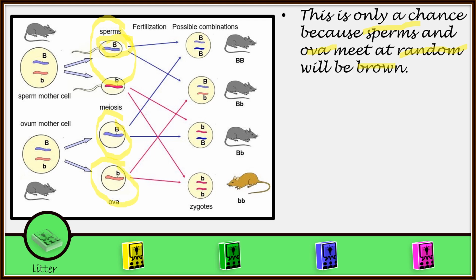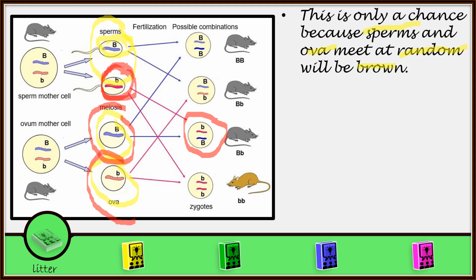It can also be this one going again with this one, and if this one goes with this one, we shall get this offspring. Or it still can be this one going with that one, and when they go together, it can give us this offspring. It is random. It is not planned. It is random mating. Therefore, there might be brown or not.